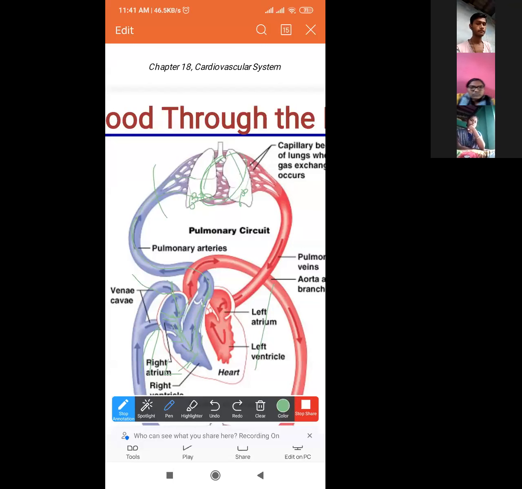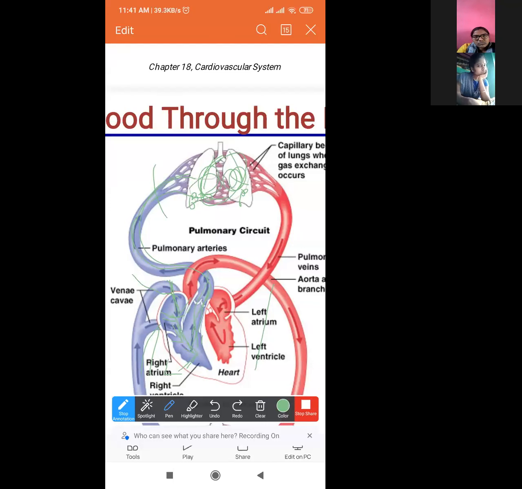Now you listen. Atrium, ventricle, pulmonary arteries, blood enters into the lungs. Here purification is taking place, gas exchange is taking place. After gas exchange, blood has to come to the heart only. So the pulmonary veins will carry the oxygenated blood.